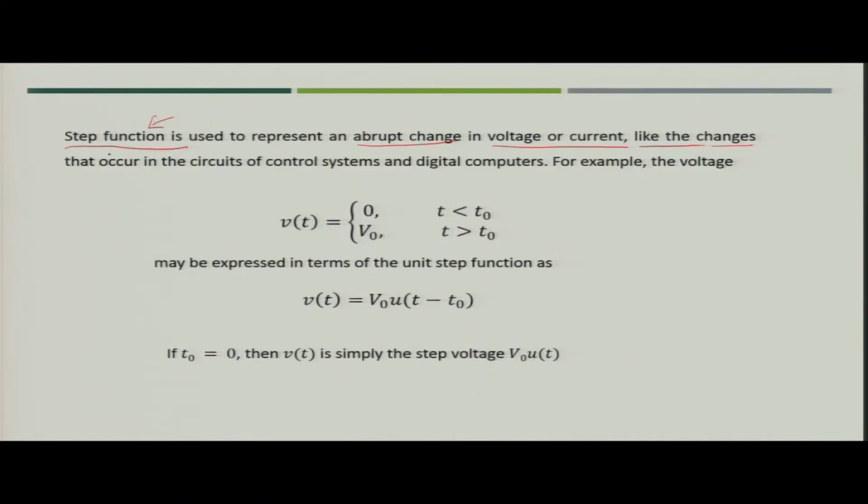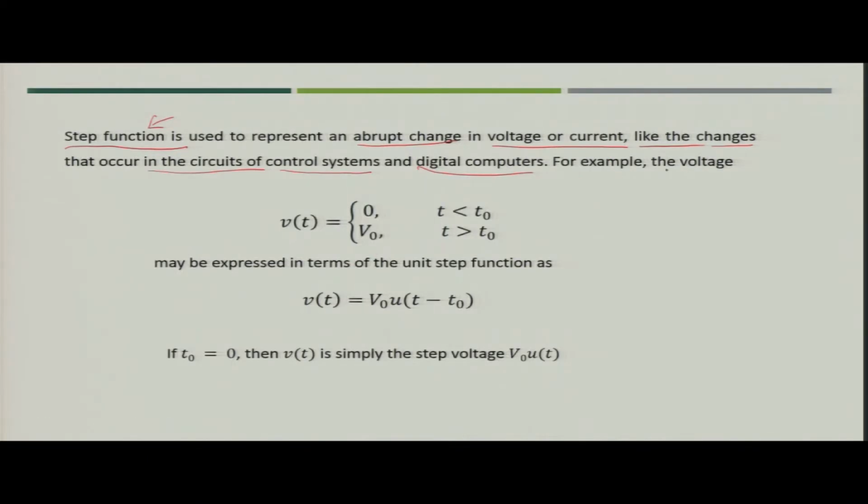The value of voltage will not be 1, it will be some value, so you will simply say it is a step function. It occurs generally in control systems and digital computers also. In the same manner, you will see the application of the step function in electrical circuits also.